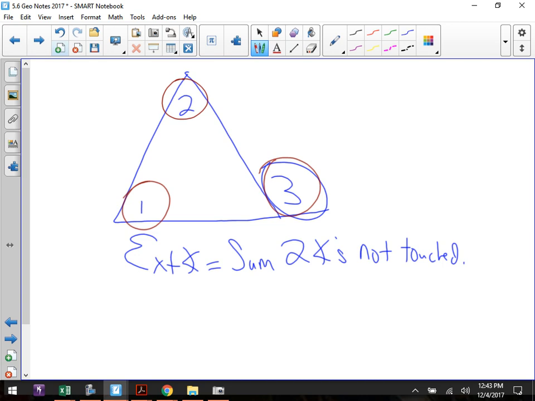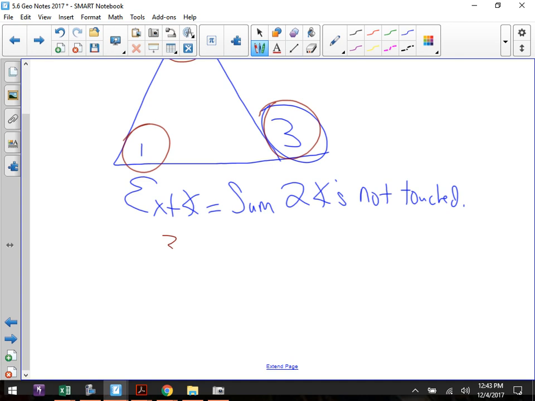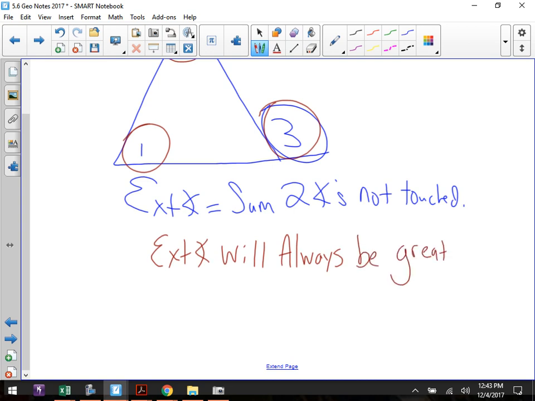Since the exterior angle, that angle 3, let me rewrite this, will always be greater than either of the two angles it doesn't touch.